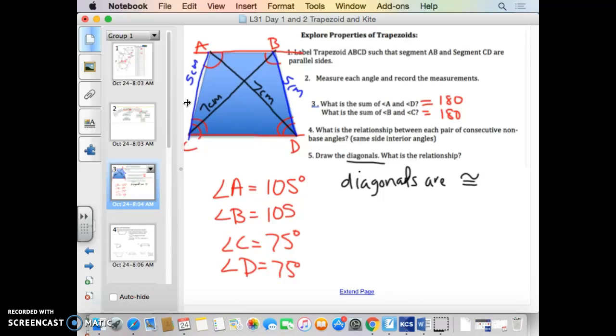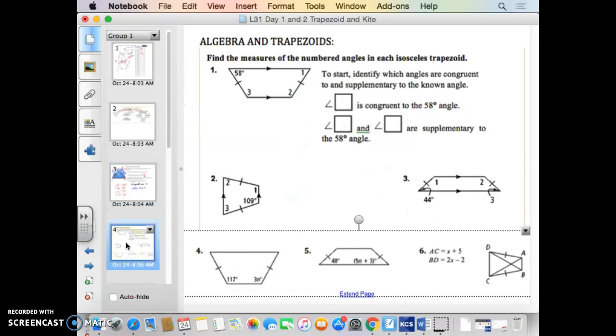So this would be an isosceles trapezoid, because the legs are congruent. Okay, so now having looked at these properties, you're going to see if you can practice some problems.